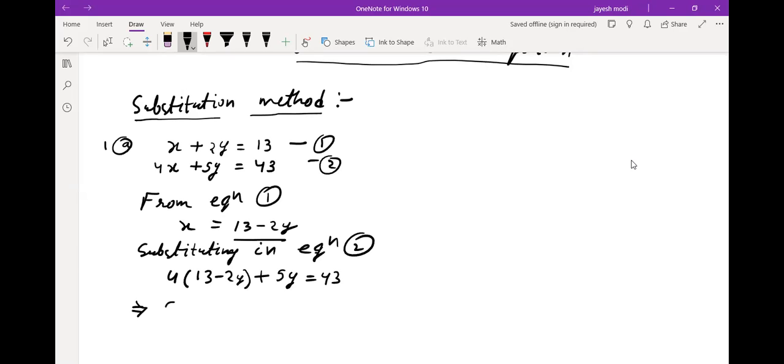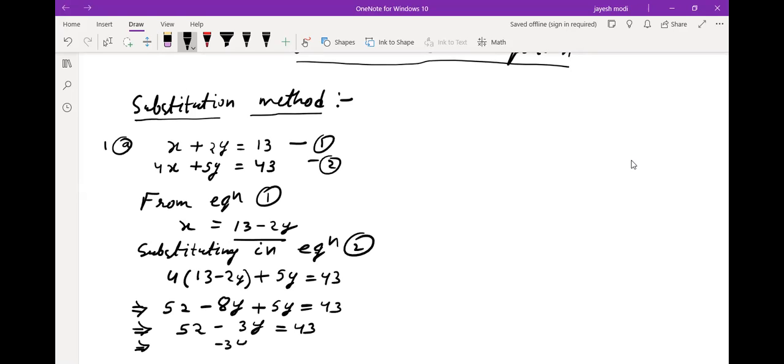It implies 13 4s are 52 minus 4 2s are 8y plus 5y equals 43. It implies 52 minus 3y equals 43.